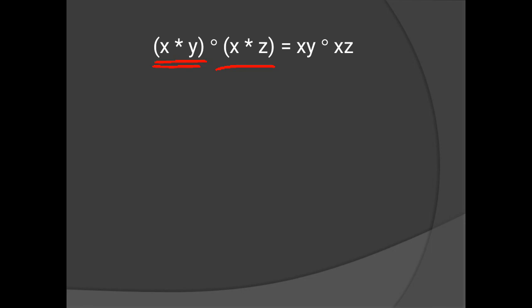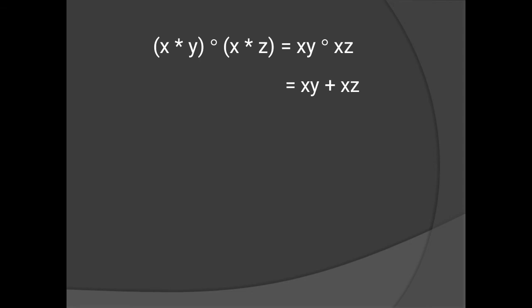So it has been done over here: xy, which is x times y, first one times second one. Then the operation in the middle is here. Then the second parenthesis, x operation z, that is x times z, is also here.